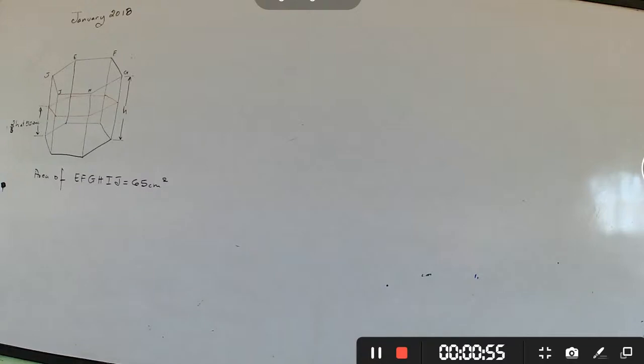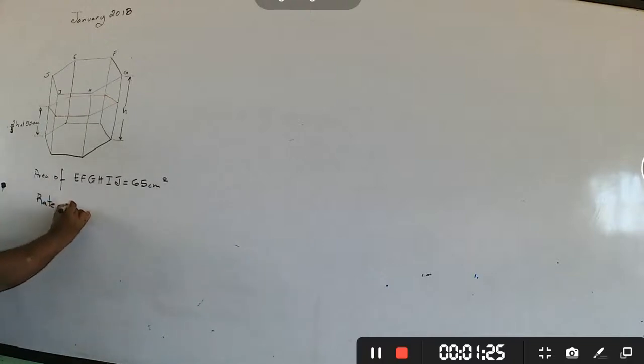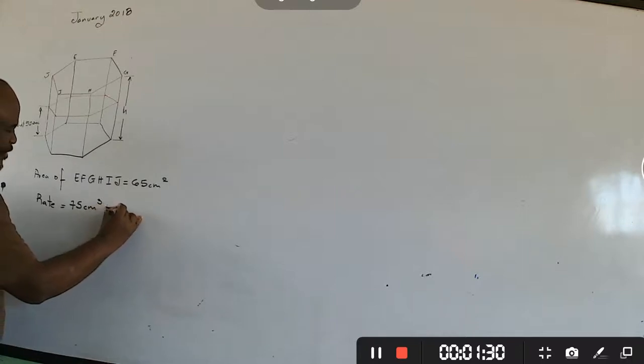It says a tank has a cross section with dimensions identical to the polygon EFGHIJ in 5A. Water is poured into the tank at a rate of 75 centimeters cubed per second. So water is going in, and the rate at which water is going into the tank is 75 centimeters cubed per second.